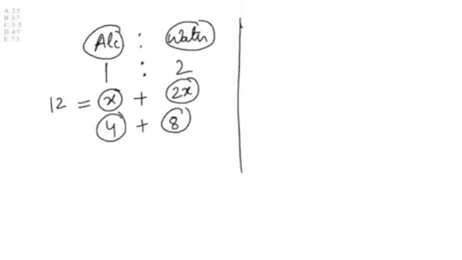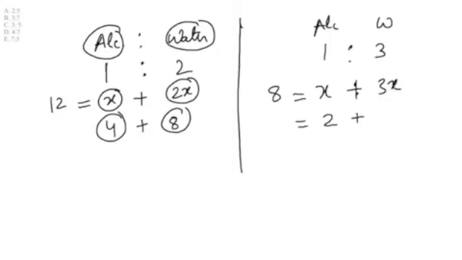That is one solution. It is mixed with 8 ounces of another solution that is 1 part alcohol and 3 parts water. So 1:3 is the ratio of alcohol to water. If it is x, it is 3x, and their sum is equal to 8. So this becomes 2 and this becomes 6: 2 is alcohol, 6 is water.